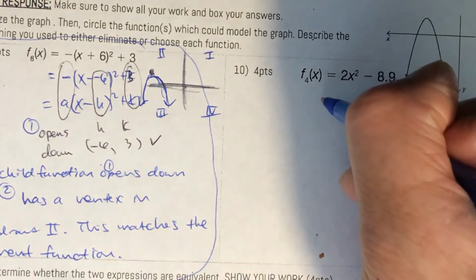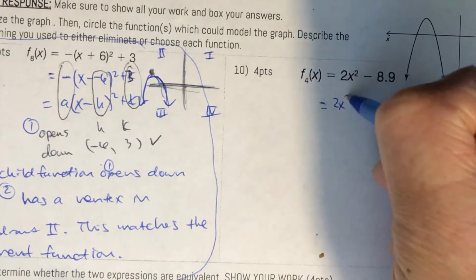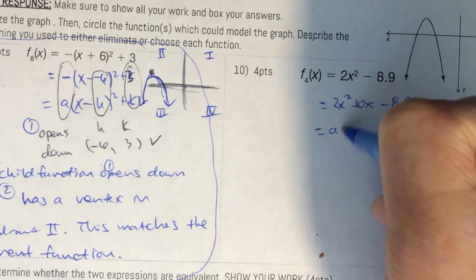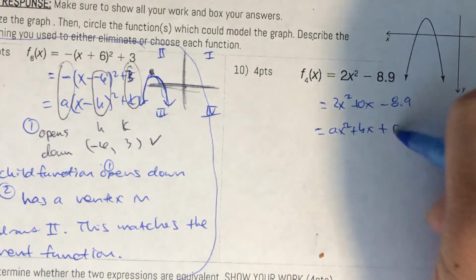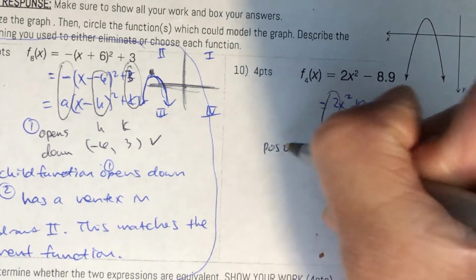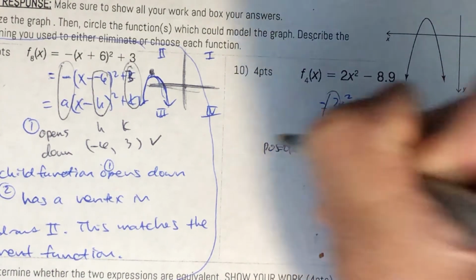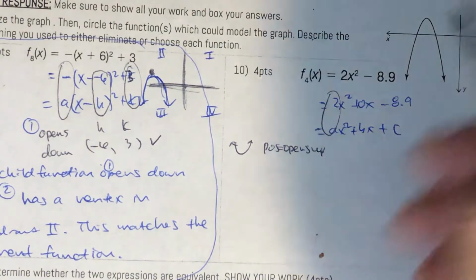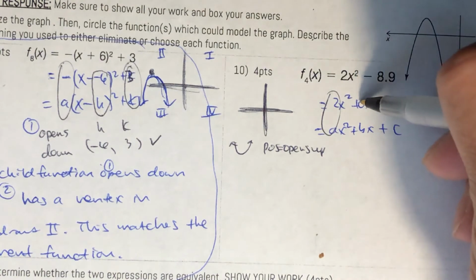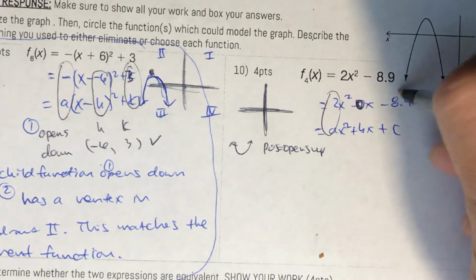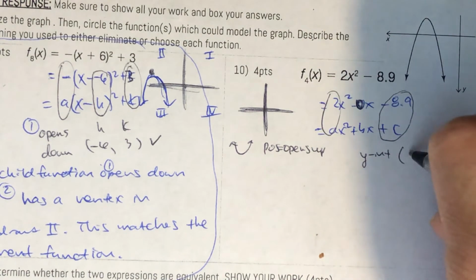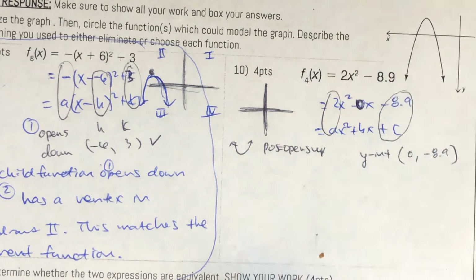I have standard form. I recognize that the B term's missing, so I'm going to put that there just in case I need it. And then I can write the form right below it. And this can tell me all the characteristics. My A value is positive, so that means it opens up, right? And then my B value, this should be a 0. My C value is negative 8.9, so that means a Y-intercept of 0, comma, negative 8.9.